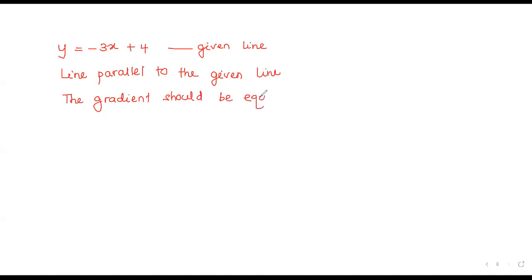The gradient should be equal. That means the new line has gradient m equal to negative 3. So the parallel line should be y equal to negative 3x plus c, where c we don't know yet.